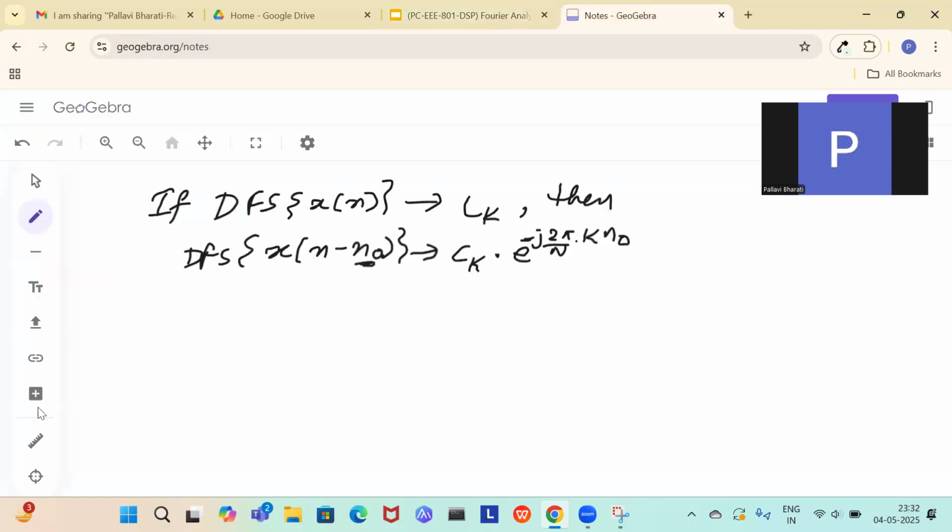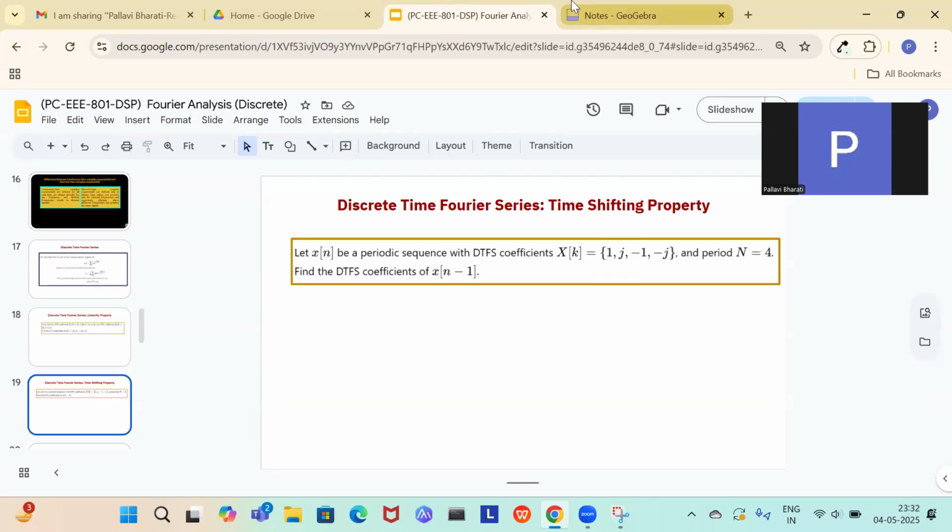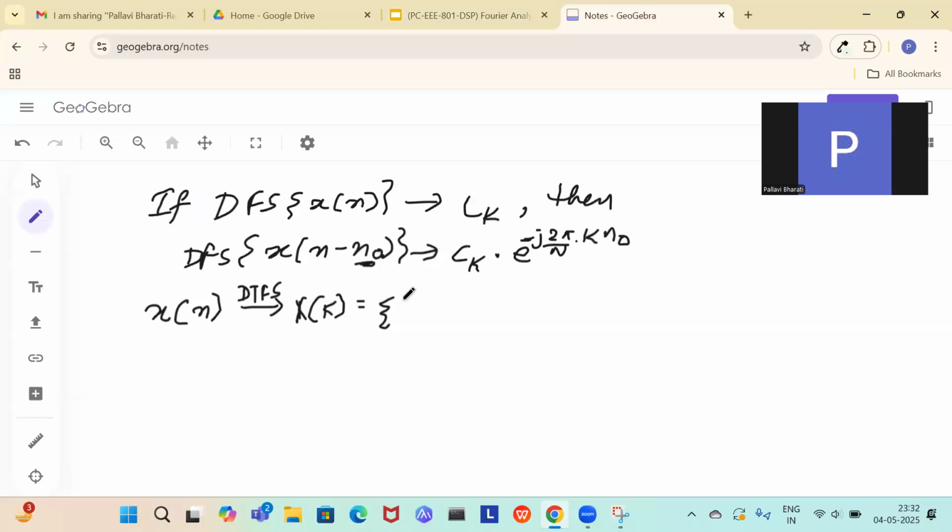So the example given is a signal x[n], the discrete time Fourier series of this signal is given as X[k], and the value for this X[k] is also given to us: 1, j, -1, -j.